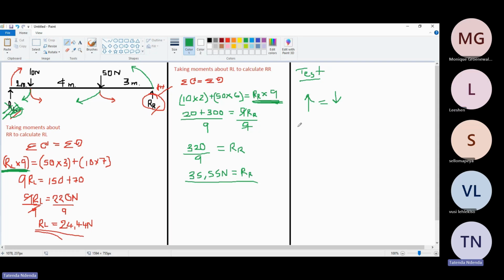Okay, so it's going to be 24.44 plus 35.55 is equivalent to 50 plus 10, isn't it? How much do you get here?